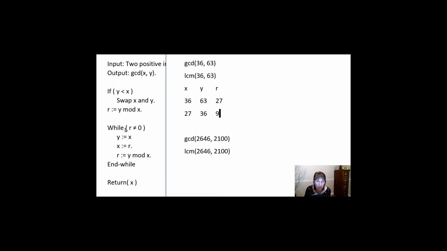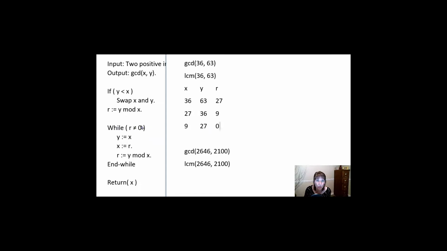Now, is r not equal to 0? That's right, it's not equal to 0, so we're going to keep going. Y becomes x, x becomes r, and we do the mod operation. So we do 27 mod 9. Well, 9 divides 27 evenly, goes in there 3 times, and the remainder is 0.